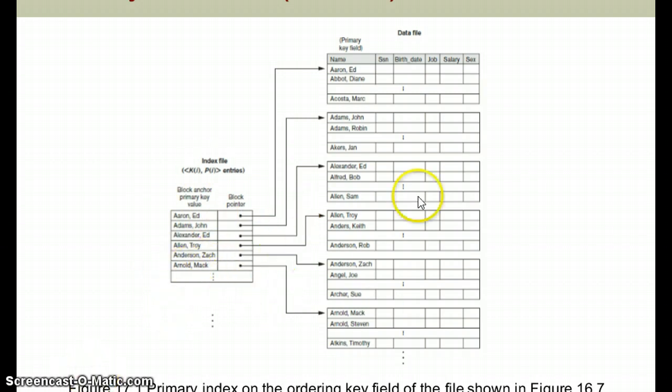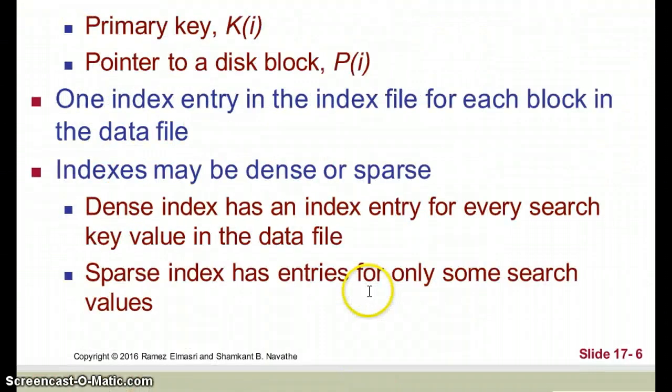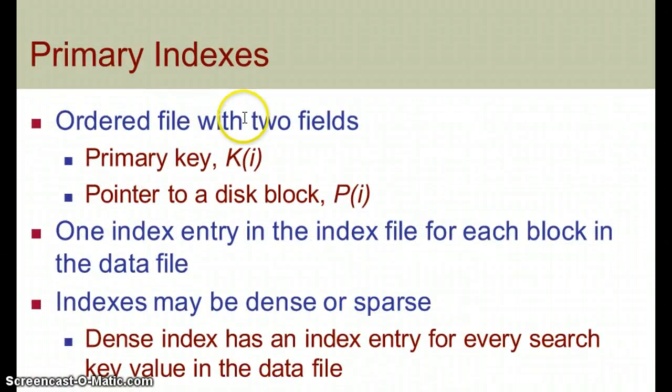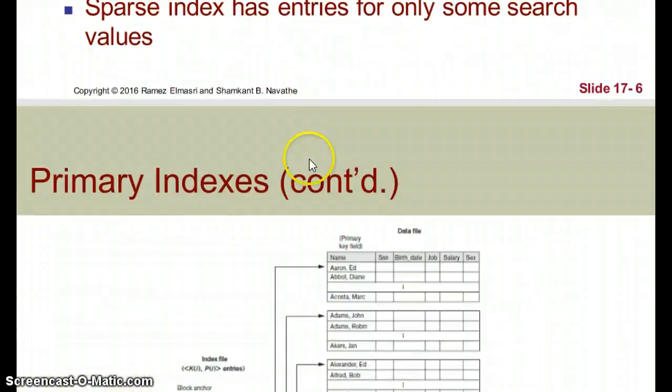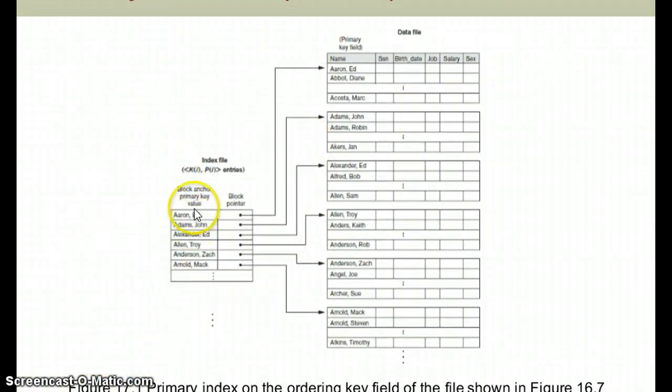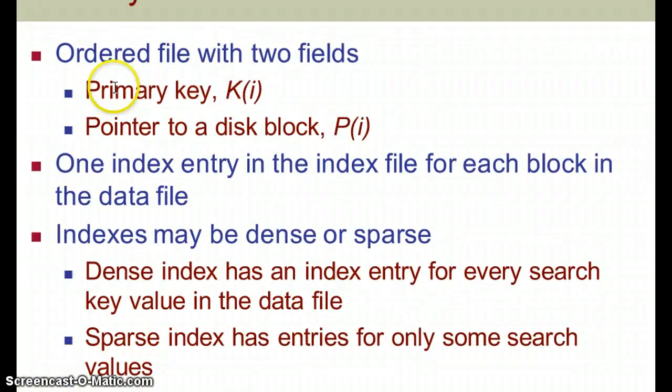So I think we are able to understand what is primary key indexing. Let us summarize it. In primary key indexing, we can create indexing in an ordered file, and our index file will also be an ordered file with two fields.